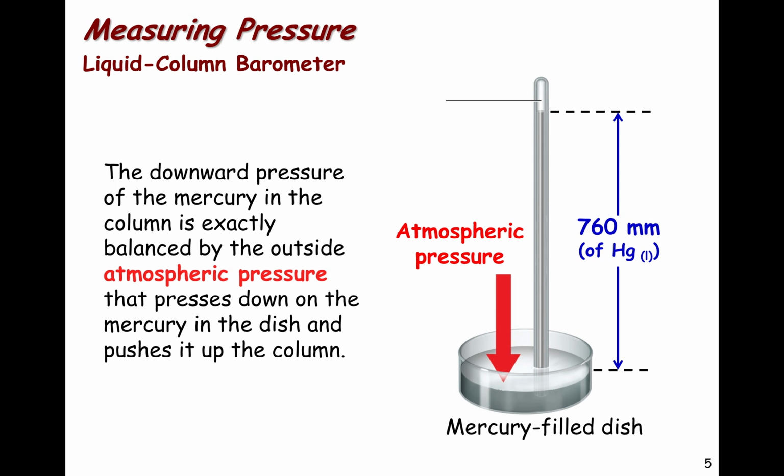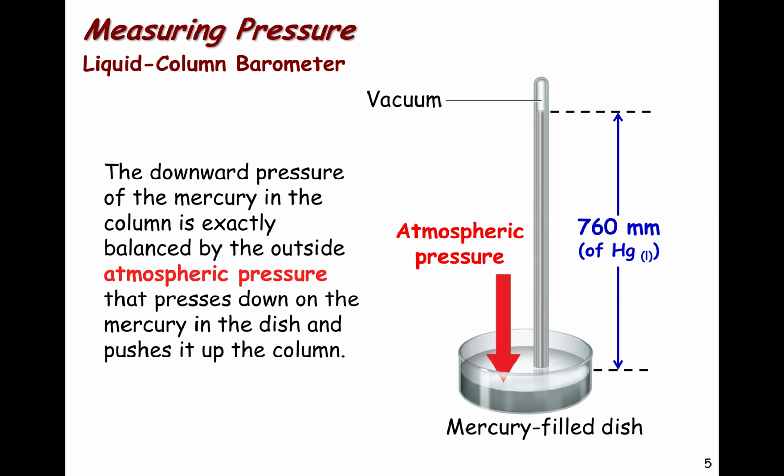The mercury, having weight, will then be pulled down towards the surface of the earth, and it creates a small vacuum up at the top of the tube that has a very small amount of mercury that evaporates into the gas phase.